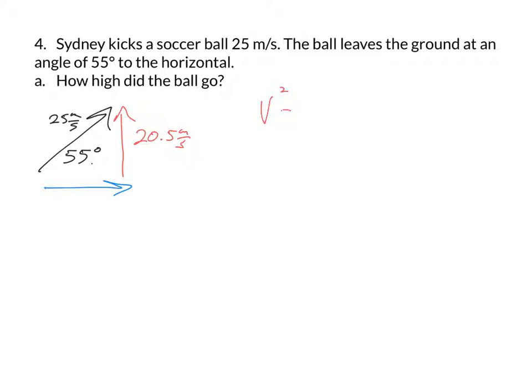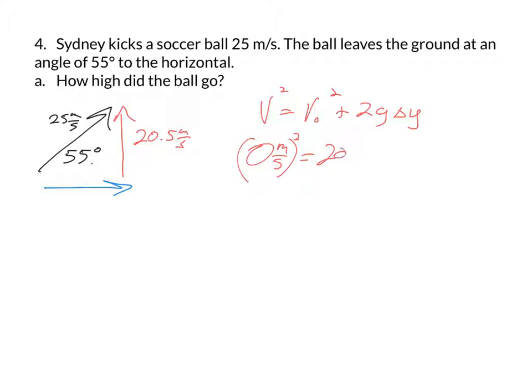All right, how many times have we done these? V final squared equals V initial squared plus 2G change in Y. Again, this is just the halfway trip to the top of the path. At that point, it's 0 for an instant.